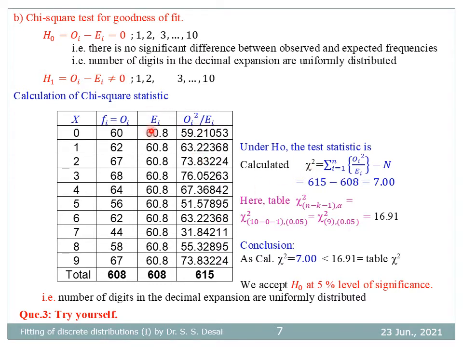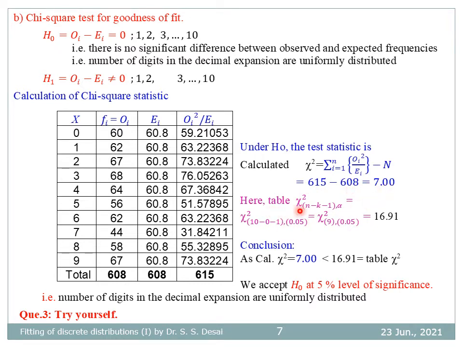Now, as all the frequencies here are greater than 5, there is no need of pooling the frequencies. Under H0, the test statistic chi-square is equal to summation of Oi square by Ei minus n. The summation of Oi square by Ei is 615, minus n 608, and the difference is 7.